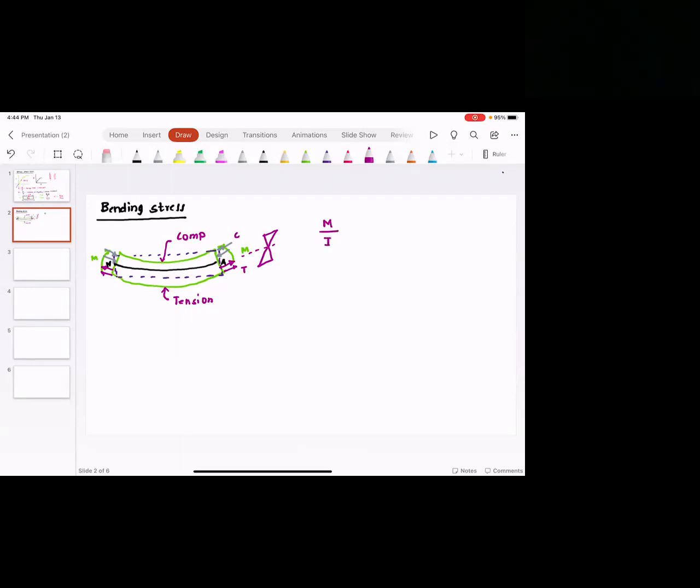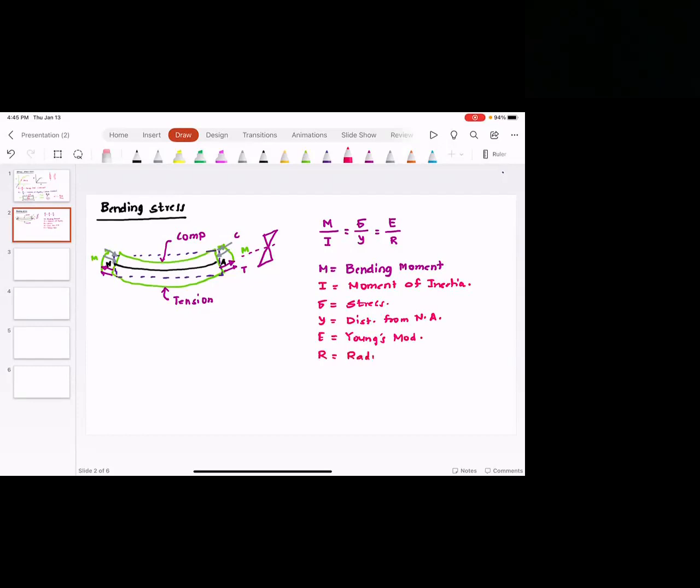M divided by I is equal to sigma divided by Y is equal to E divided by R, where M is the bending moment, I is the moment of inertia, sigma is the stress, Y is the distance from the neutral axis, E is Young's modulus, and R is the radius of curvature.